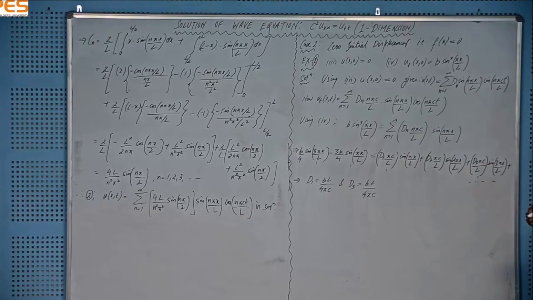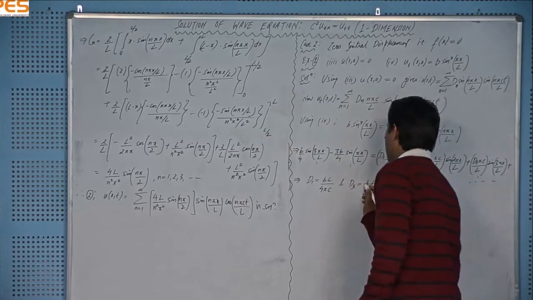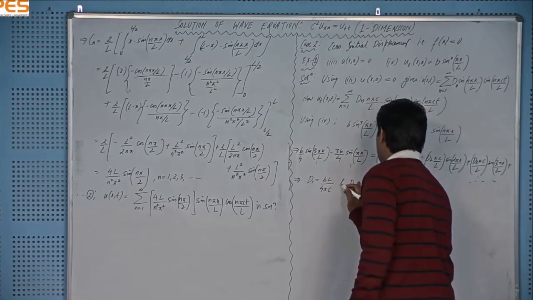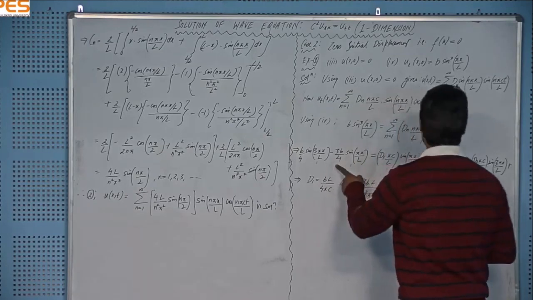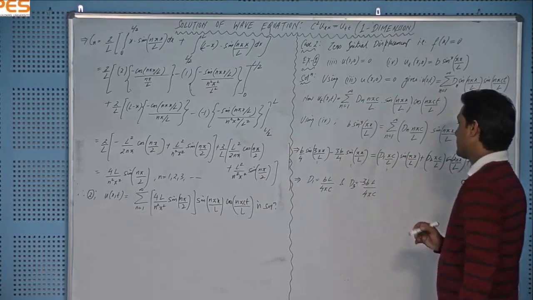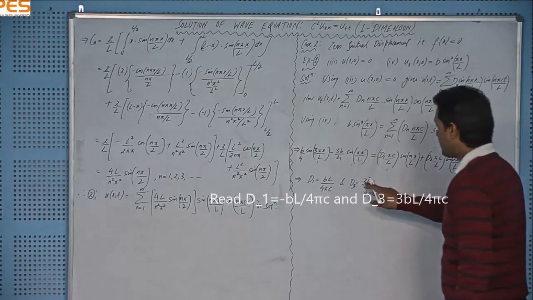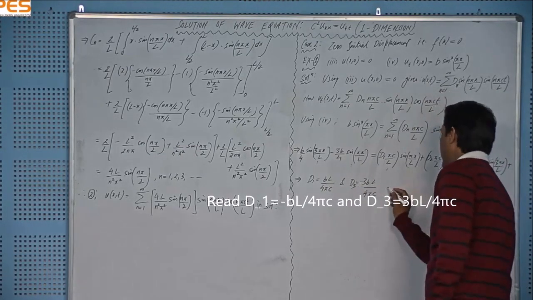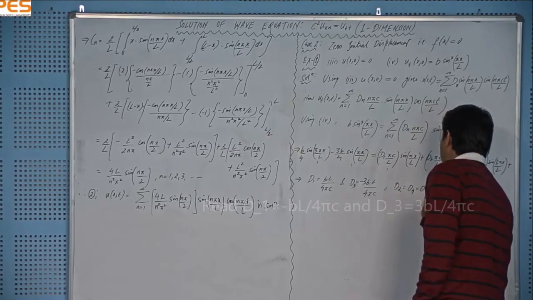Both are the same, sorry, this is minus 3/4, so it should be minus 3b, and 4 is already there, right? So 3 will be there extra. So these are the values of d_1 and d_3, and the rest of the coefficients are all 0.